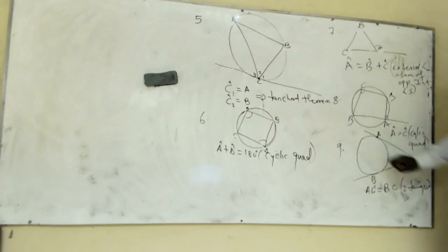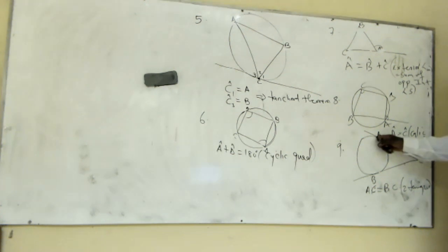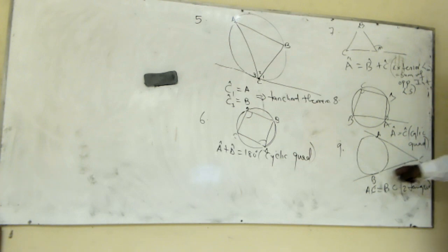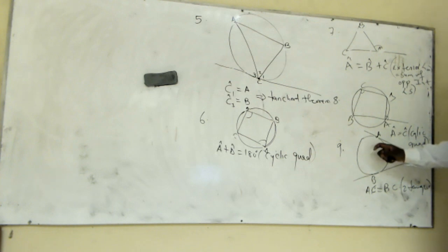Whenever you are given two tangents which intersect at one point C, you must know that the distance from the point C to the point where the circle touches the straight line is going to be the same as the distance on the other tangent. So BC will be equal to AC. Why? Because these two are the what? Tangents of the same circle. So we're given the same circle with two tangents.